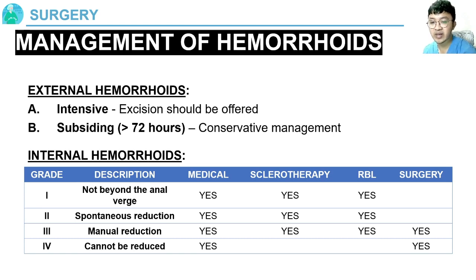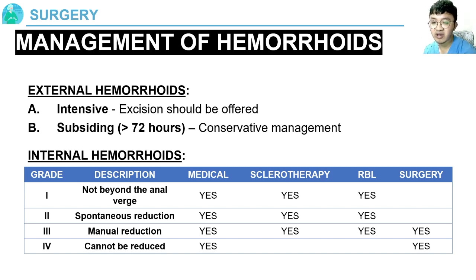Why? External hemorrhoids are sensate because they are covered in anoderm, which is basically your skin. If they have skin there, if you place a rubber band around it or you place a sclerosing agent on it or in it, you're going to cause the patient severe pain. Okay. So again, RBL and sclerotherapy are only for internal hemorrhoids.